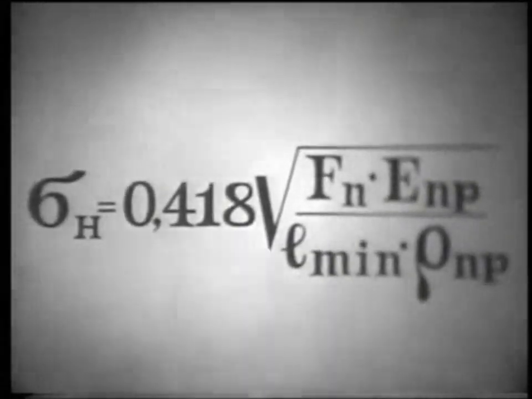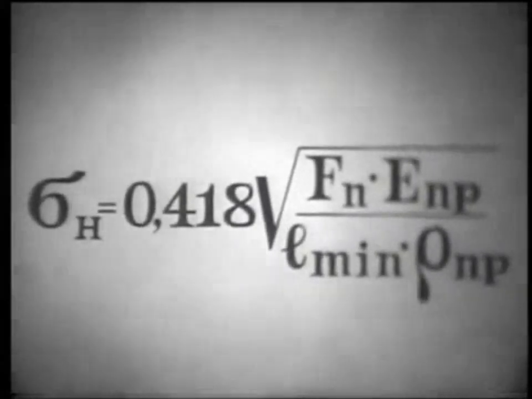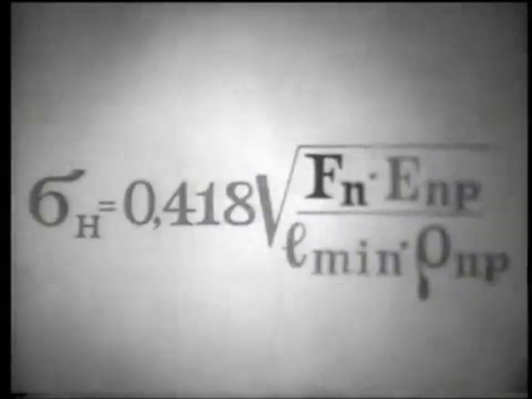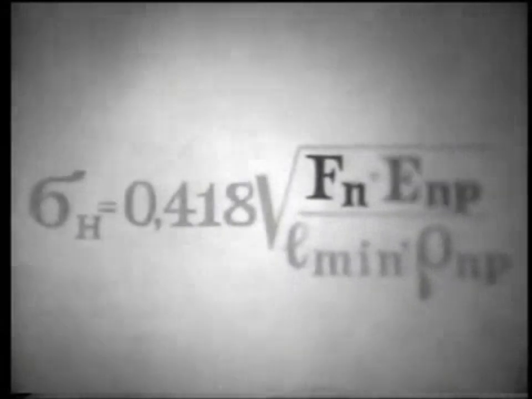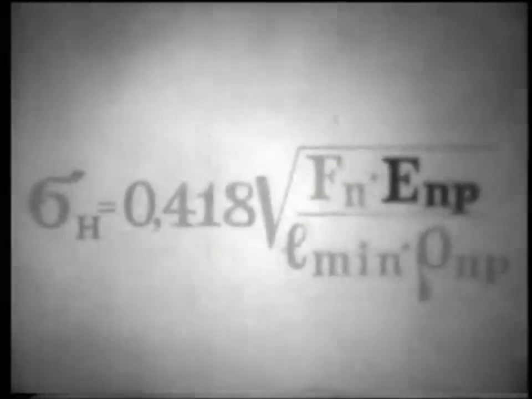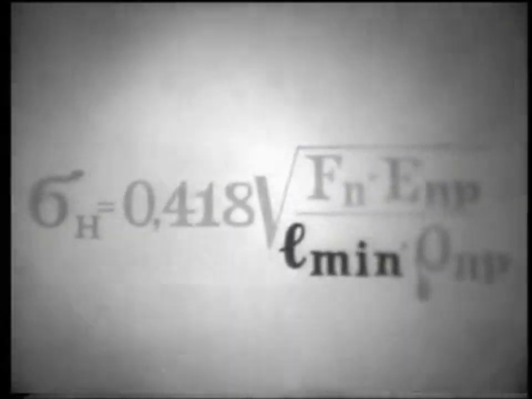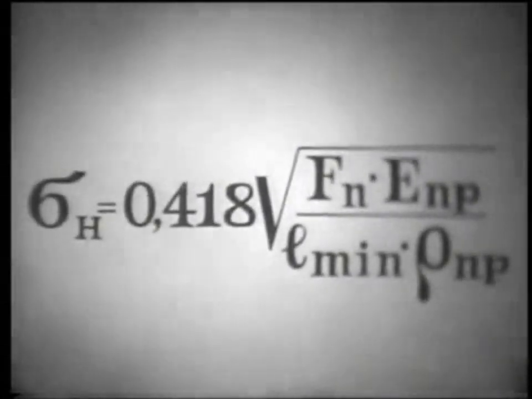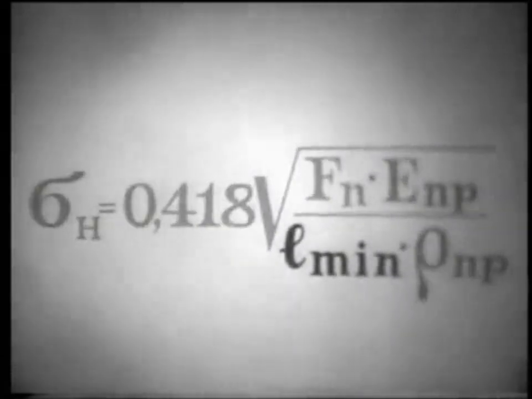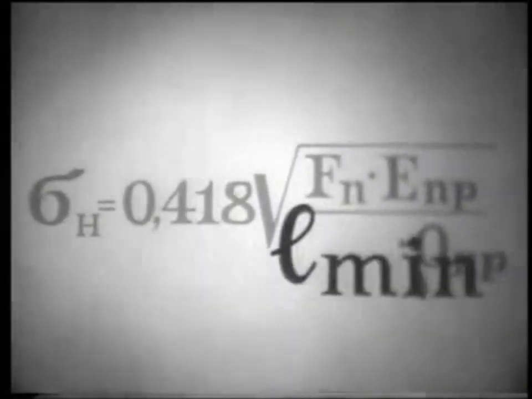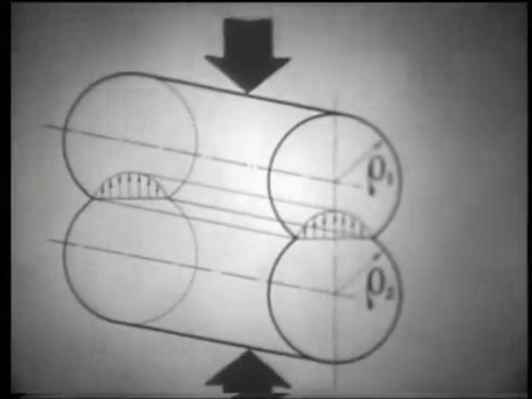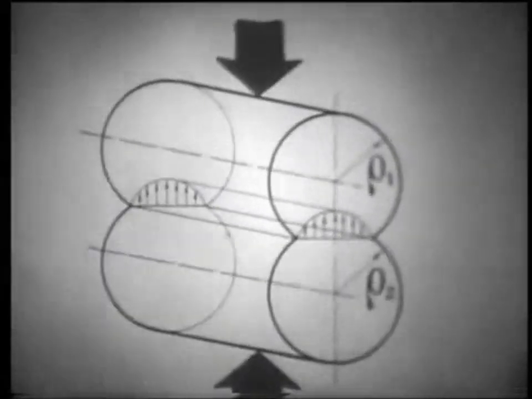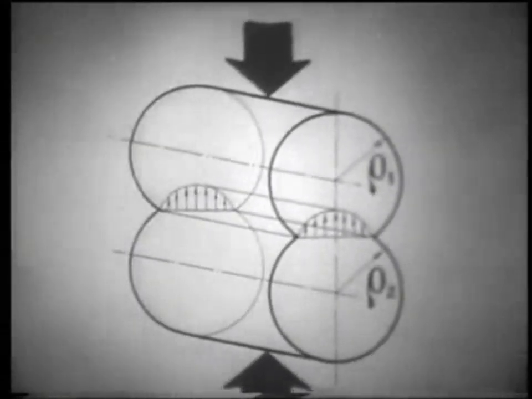The magnitude of the contact stresses is calculated according to the Hertz formula. It includes the normal force, the reduced elastic modulus of the roller materials, the minimum length of the contact lines and the reduced radius of curvature of the rollers. As the minimum length of the contact lines decreases, the contact stresses increase.